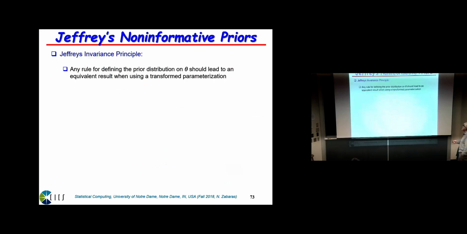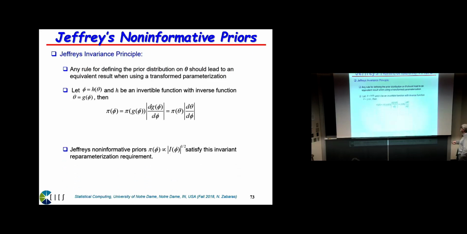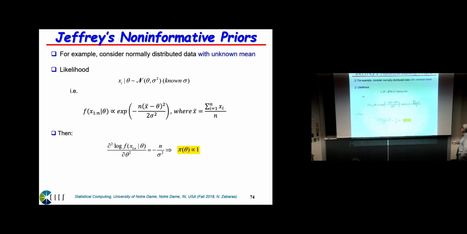And if you apply it to simple problems, for example, if you compute the Jeffreys non-informative prior for the mean of a Gaussian, it comes out that the prior is the uniform prior. That's completely uninformative. Very nice.